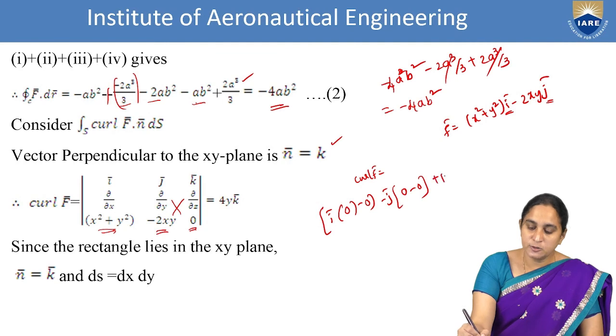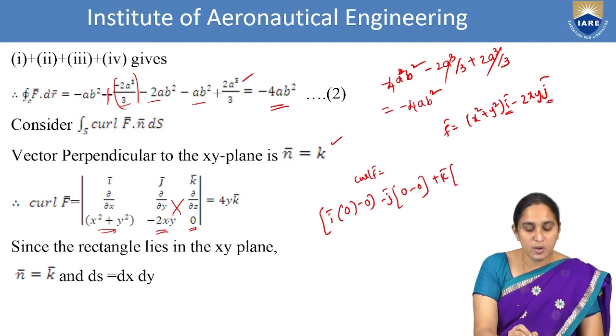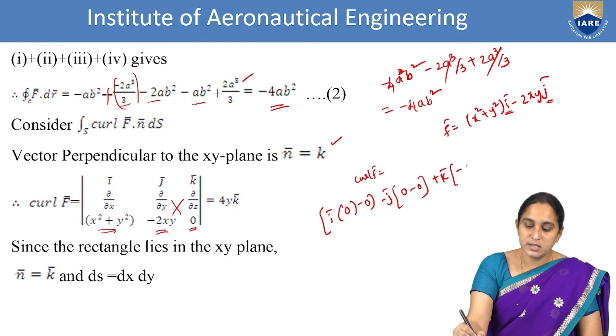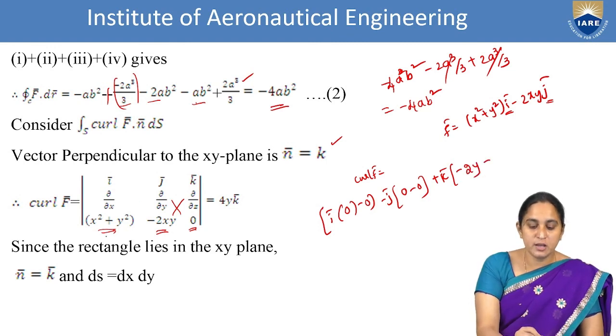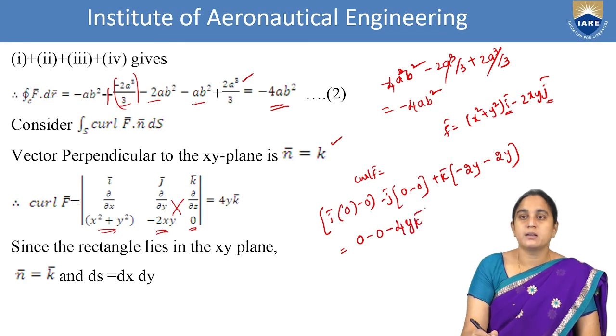Plus k bar into dou by dou x of minus 2xy, that is minus 2y, minus dou by dou y of x square plus y square, that is 2y. Therefore first i bar 0, next 0, minus 4y k bar.